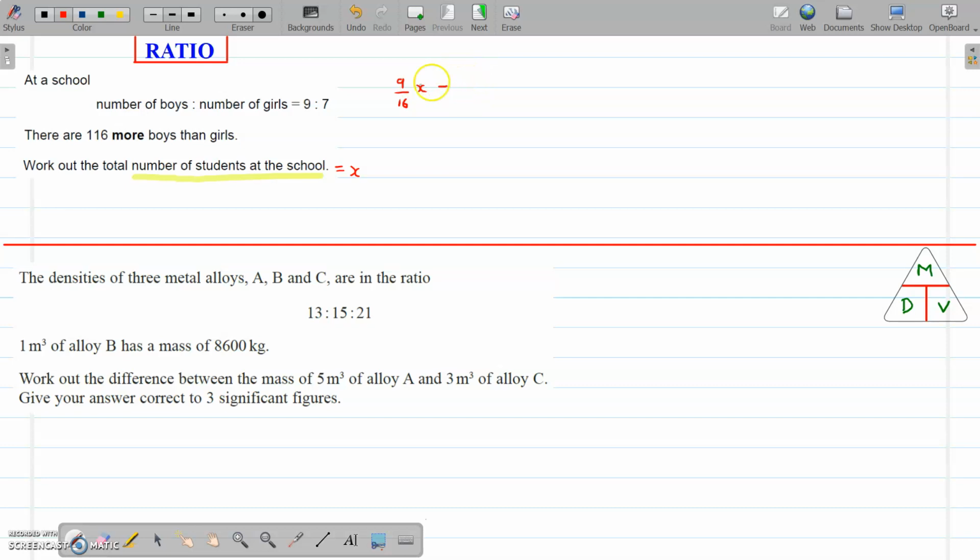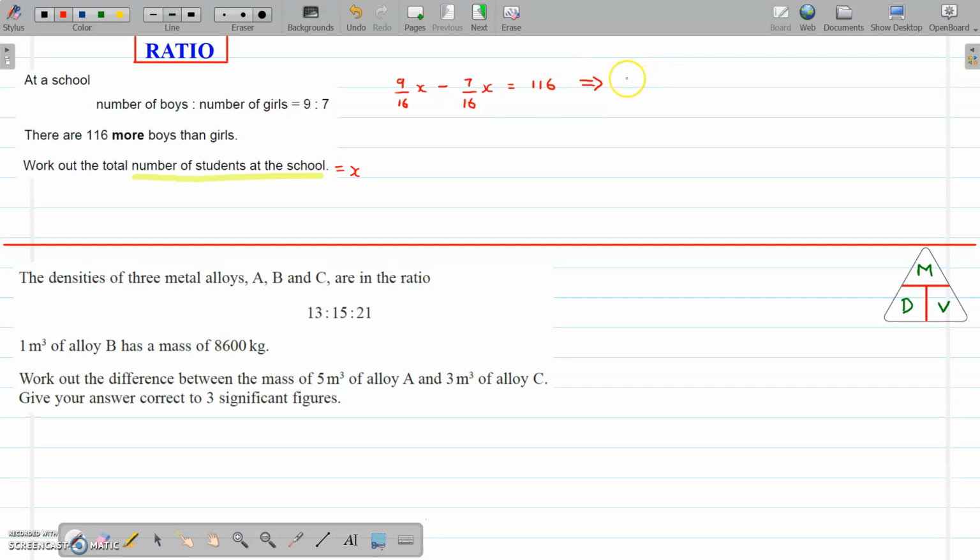So I also know that if I take the number of boys and subtract the number of girls from that, I should get 116, because it tells me that in the question. If you've got 9/16 of something and you take away 7/16, you've got 2/16 of it left.